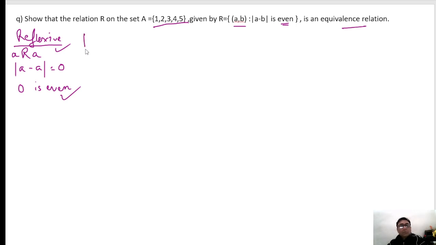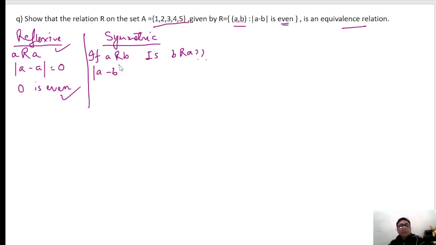Next, come to symmetric. If a R b is b R a, so let's check. a R b means mod a minus b, they are telling, is an even number.